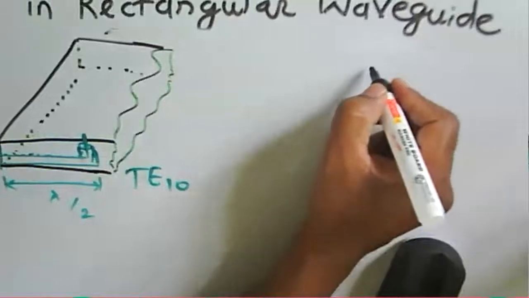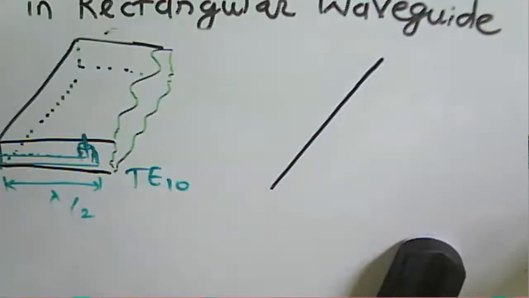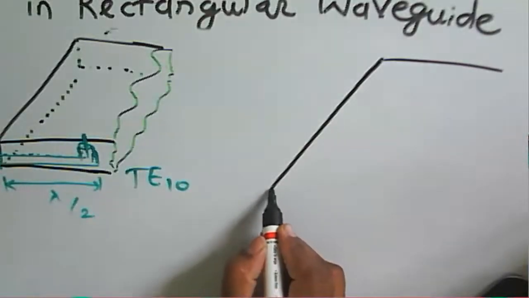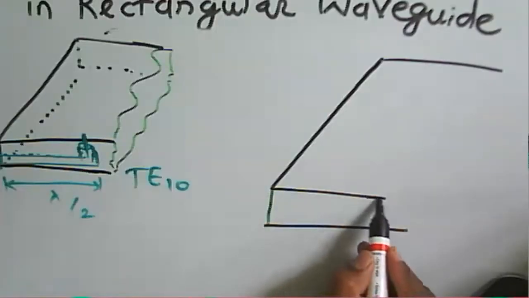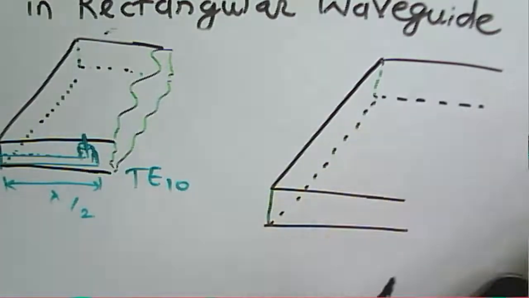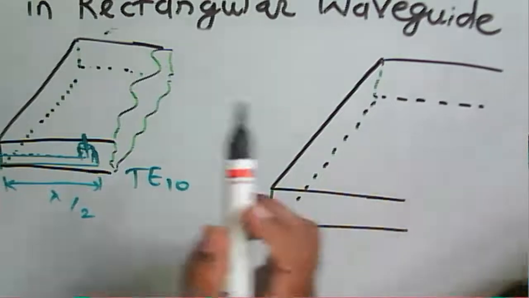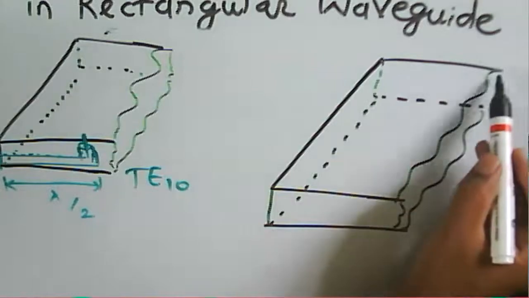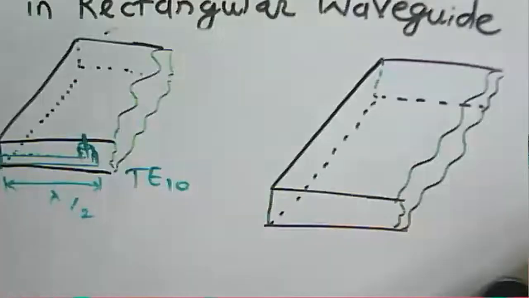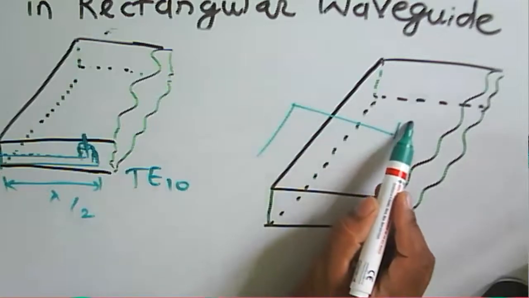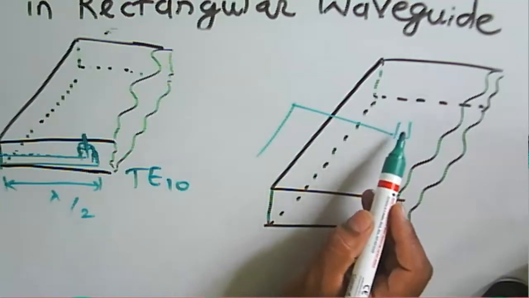Now, if I consider this one as your rectangular waveguide, this particular patch here, and we are exciting this guide through two different probes.